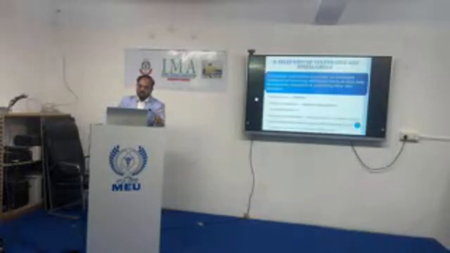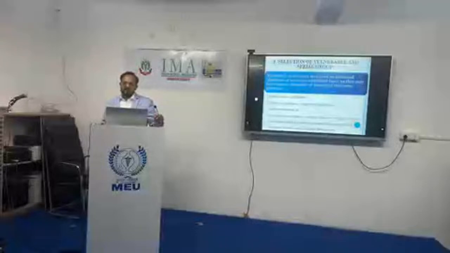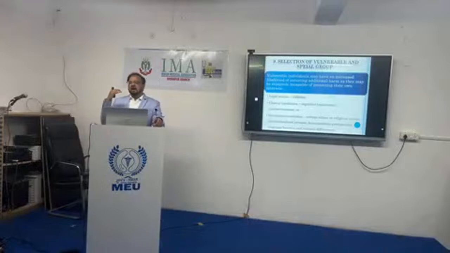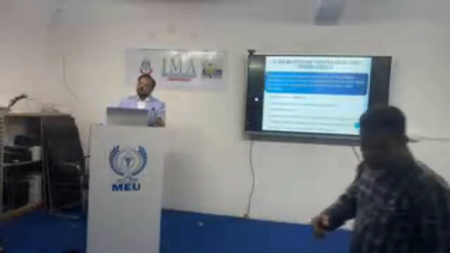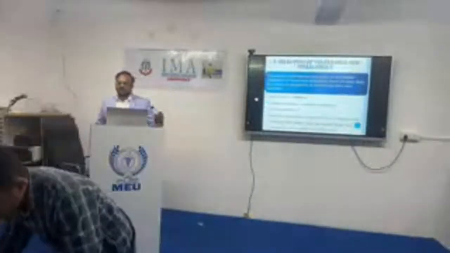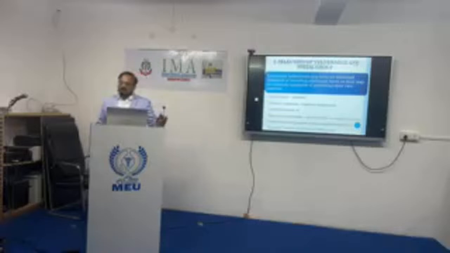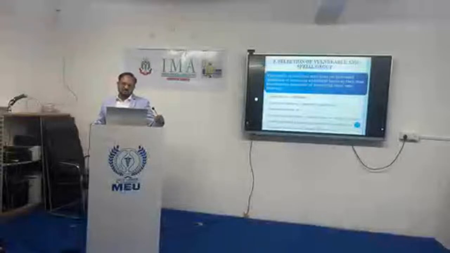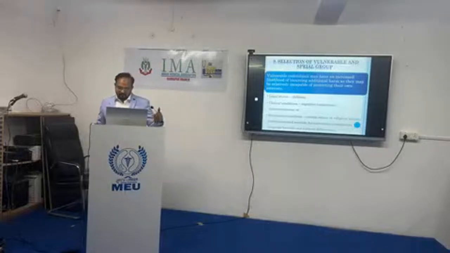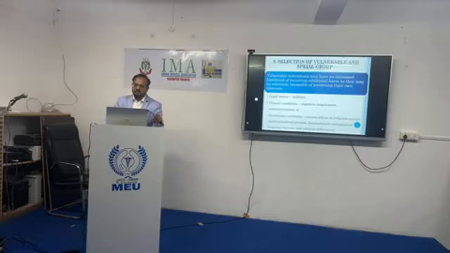Selection of vulnerable and essential groups. Vulnerable individuals are those who have a higher risk of additional harm or are unable to protect their own interests. It means children and adolescents, patients under critical conditions like cognitive impairment or unconsciousness, and certain situational conditions like research in ethnic or religious groups, or research in an institution.